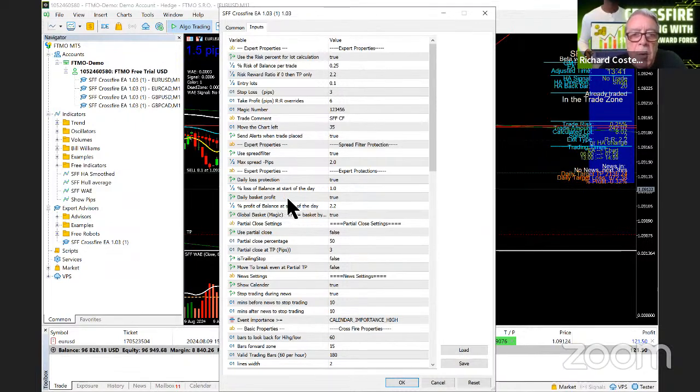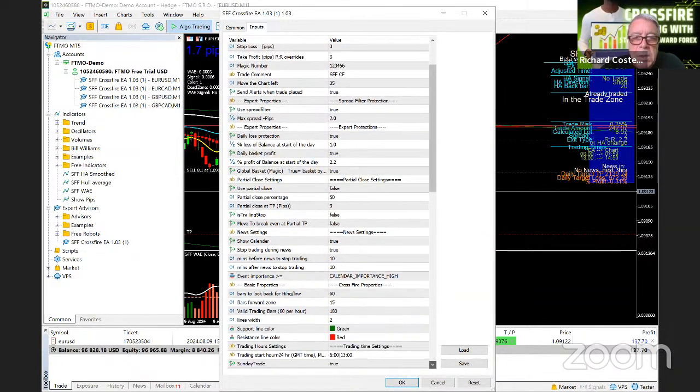The total of the 4 pairs will lose me 1% of my balance at the start of the day, and the 4 pairs combined will give me a total potential profit at the start of the day of 2.2. So I've changed that to match 2.2 up there. Partial close settings I haven't touched at all. I'm going to do something with those later.